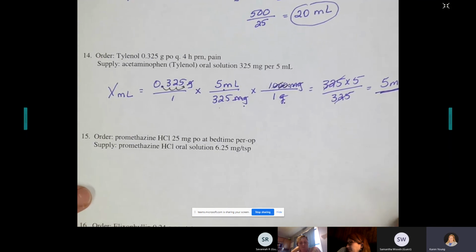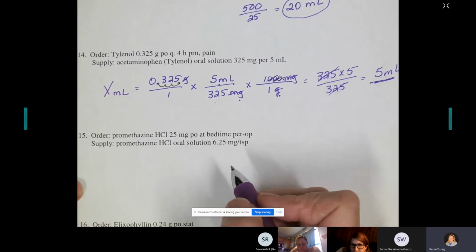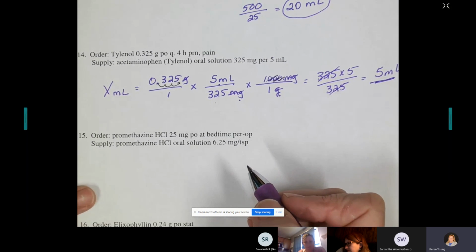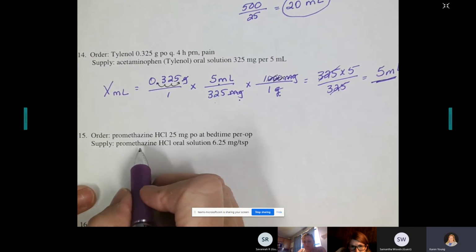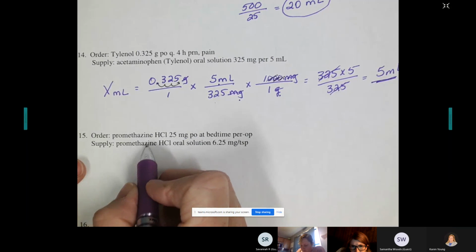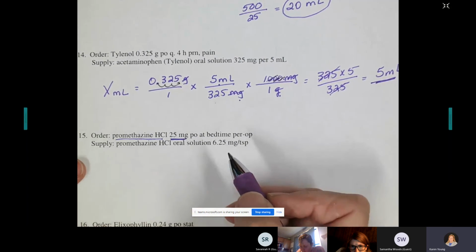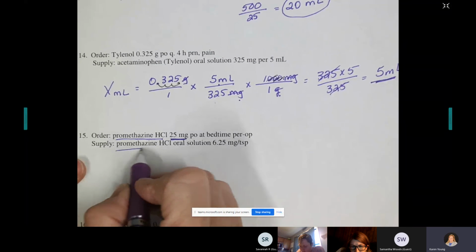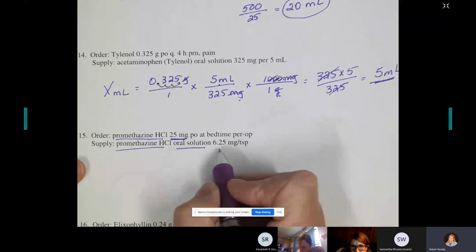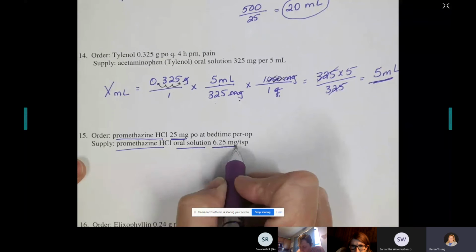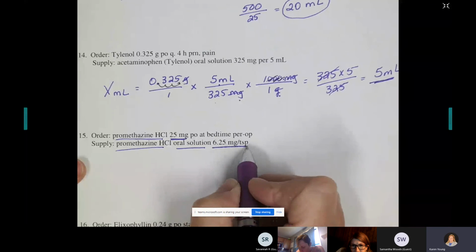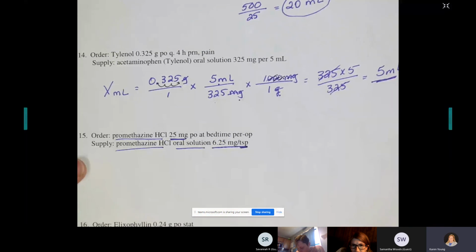All right. This is the last one we're going to work because, like I said, this was supposed to be pretty easy. So we have another one I can't say, hydrochloride, 25 milligrams. I got the same medication. It's an oral solution, and it comes to 6.25 milligrams per teaspoon. So teaspoon's one that we haven't used yet, okay?